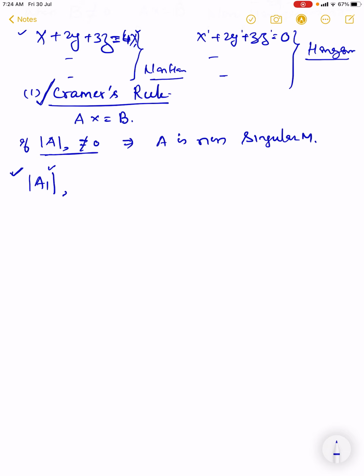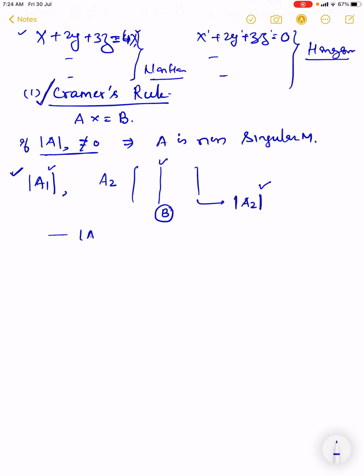For the second, A2 can be obtained by replacing the second column by B. All the remaining columns are the same, and we can evaluate the determinant value of the corresponding matrix. Step by step we can replace the respective column by the column B, and evaluate the determinant of the respective matrix.